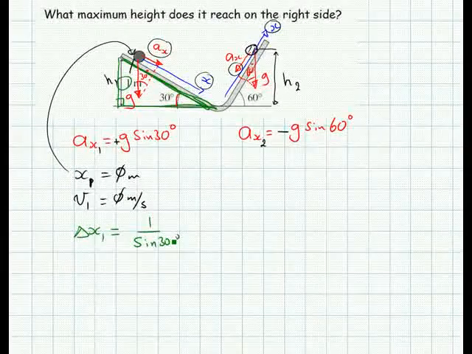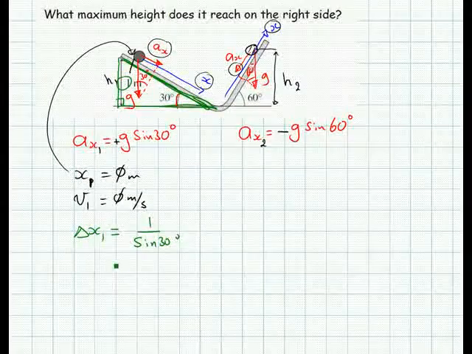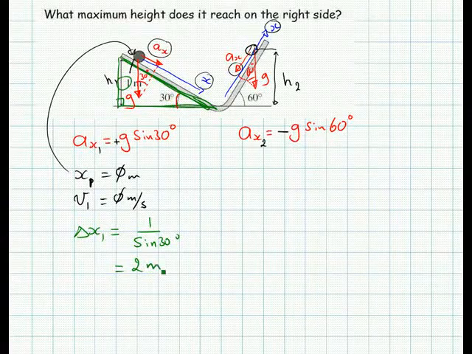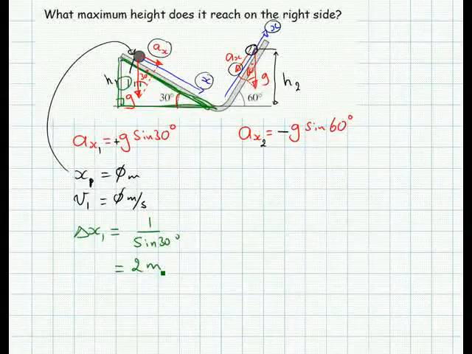Sine of 30 degrees is a half, which means that delta x1 is equal to 2 meters. So that's the total displacement that the object goes through.